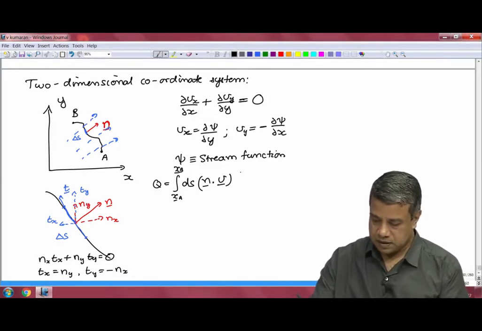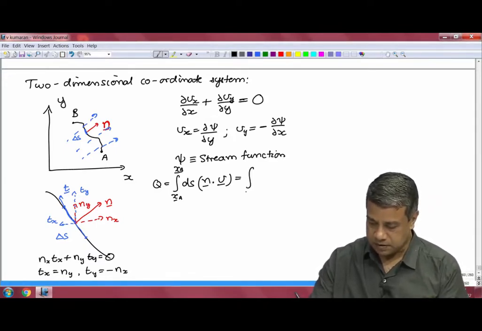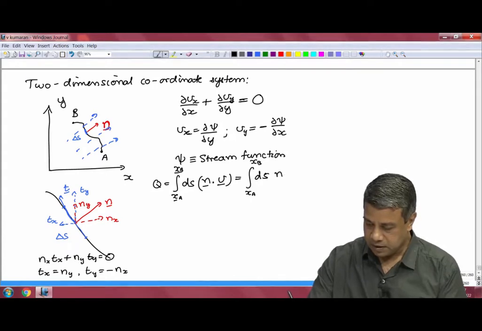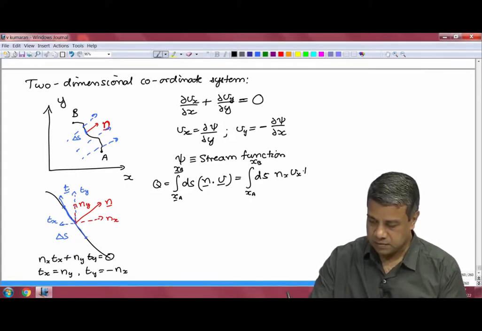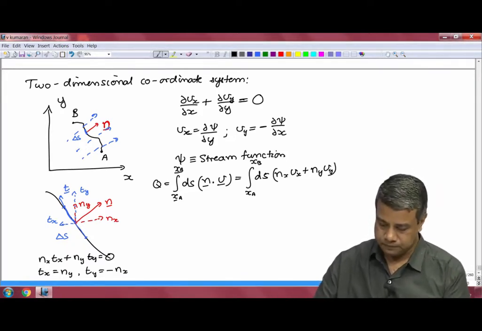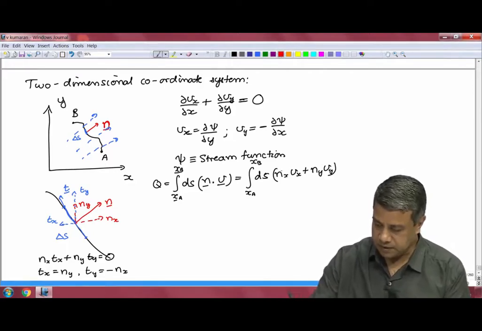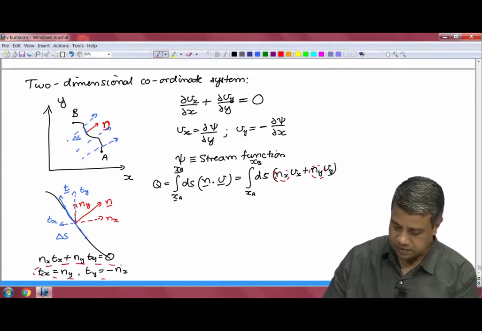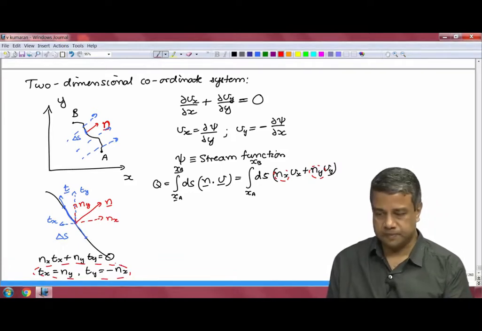So, let me write this in terms of the components, x a, nx Vx plus ny Vy. Now, for these components, I will substitute in terms of the unit tangent from here.